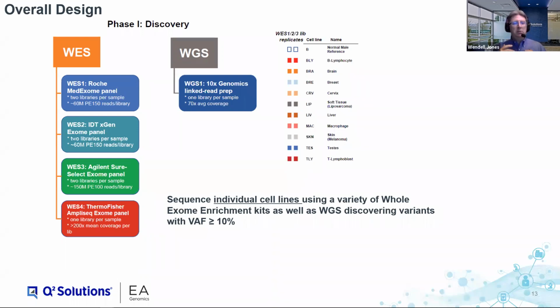But the idea was to run the individual cell lines with each of these panels to elicit the variants that were in the individual cell lines, which would eventually be in the pooled sample A. We also ran whole genome sequencing using the 10x Genomics linked-read prep. There we only did 1 library per sample, and it was also used to discover variants, and I'll talk about the rules for discovery in just a second.